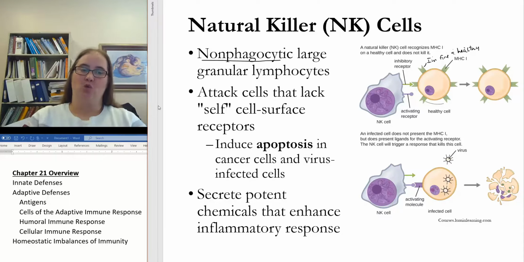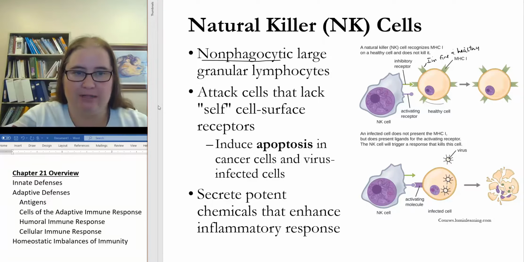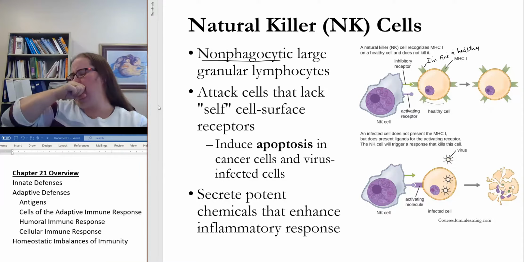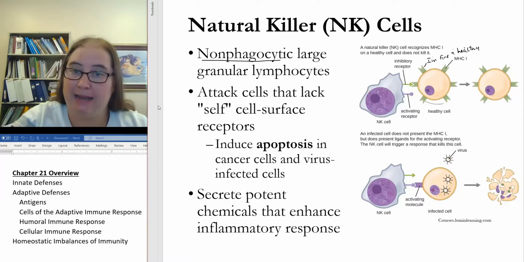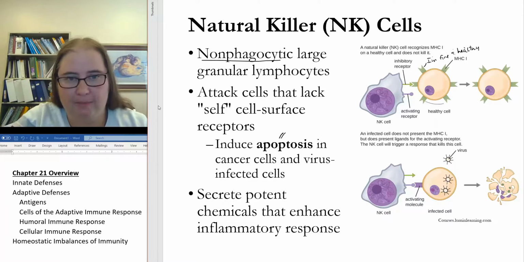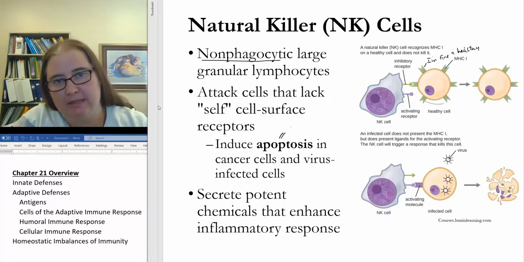Okay? So what it does in this process here, where it sees an infected cell, it releases chemicals that initiate apoptosis. And apoptosis, if you're not sure what that means, is often referred to as self-suicide.